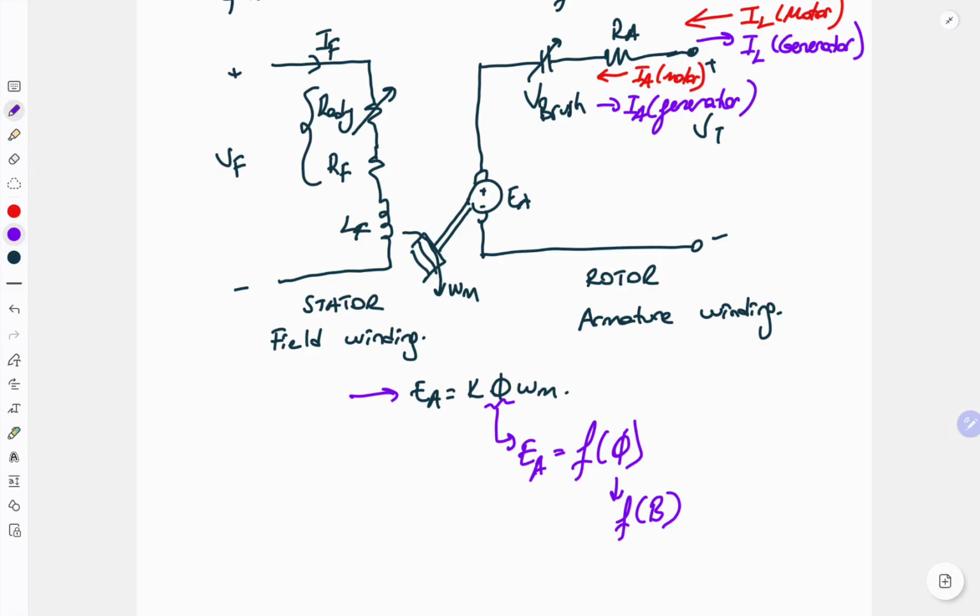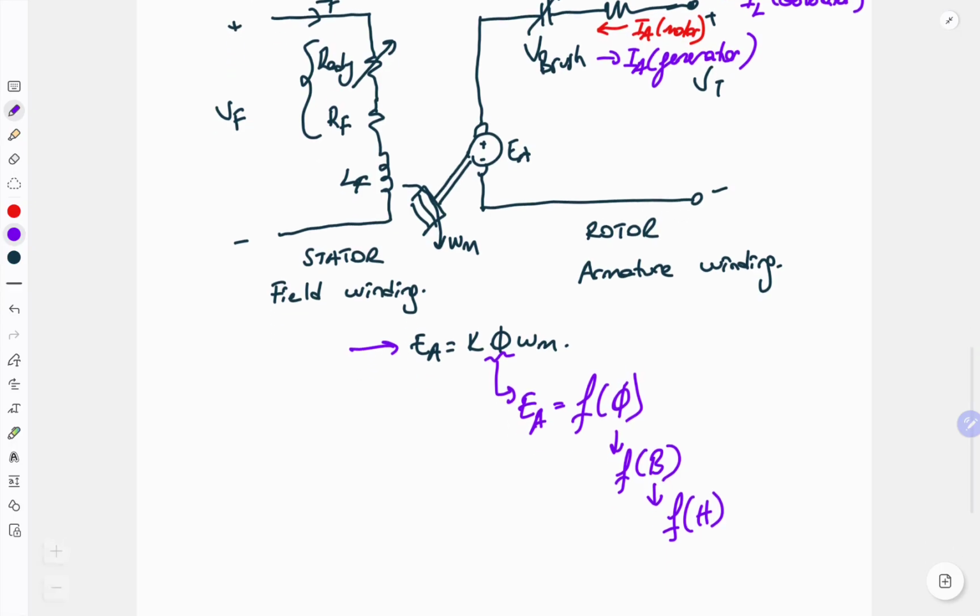Then B will be a function of magnetic field intensity H, which represents Ampere's law. The number of turns and L, the mean path length, cannot change. So because of this, H will remain constant. The relation between B and H will remain constant.